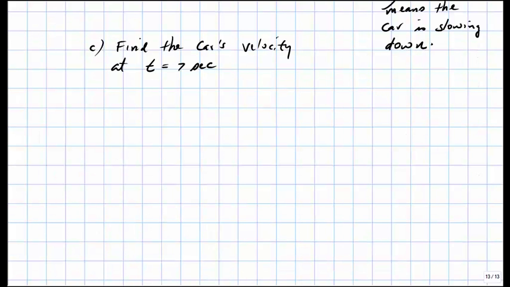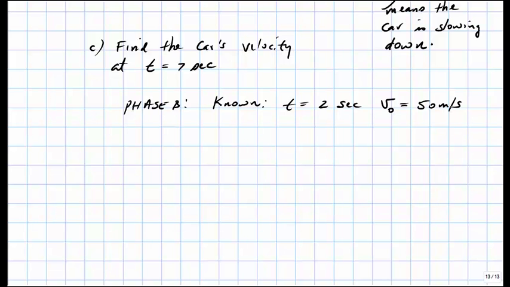Let's just refresh what we know. So we are now in phase B, and here's what's known. For this particular part of the problem, we know that the time equals 2 seconds, right? 7 seconds means we're 2 seconds into phase B. We also know that we started within phase B with a velocity of 50 meters per second.